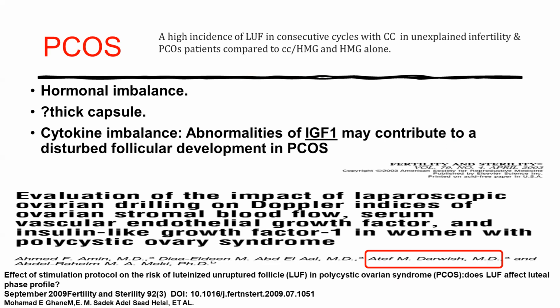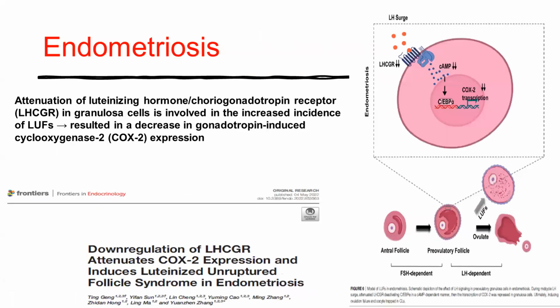We conducted a study on patients with PCOS before, and we found that there was an abnormality of insulin growth factor 1, which may contribute to disturbed follicular development in PCOS. And this has been published in the Fertility Journal.